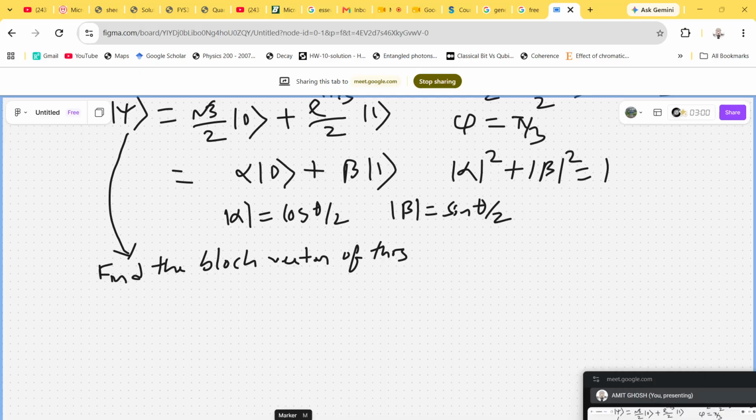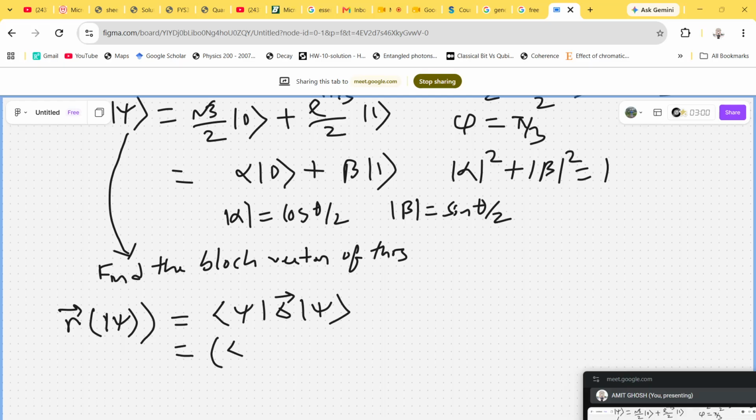So in general case, suppose the Bloch vector R of the general psi is given by the expectation values of the sigma vector. That is given by <psi|sigma_x|psi>. This is the Rx component, I mean a 3D vector, right?